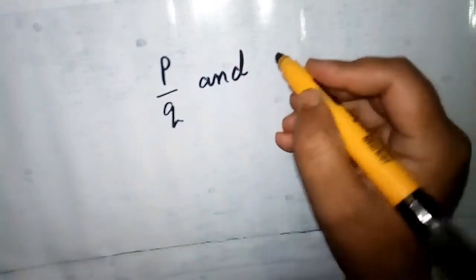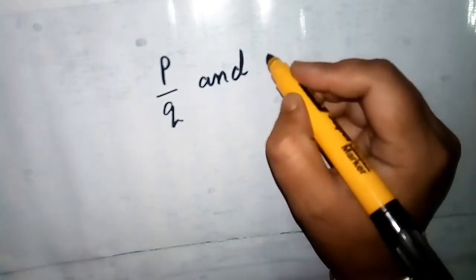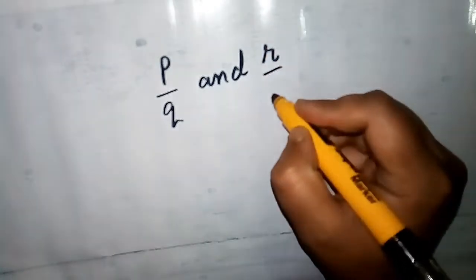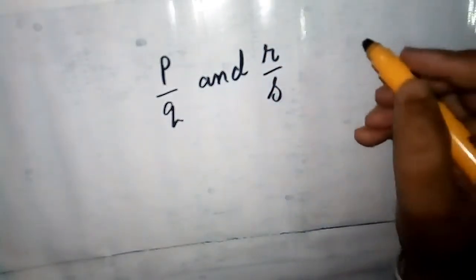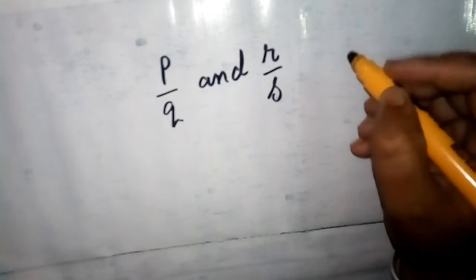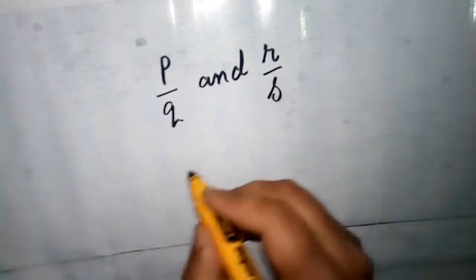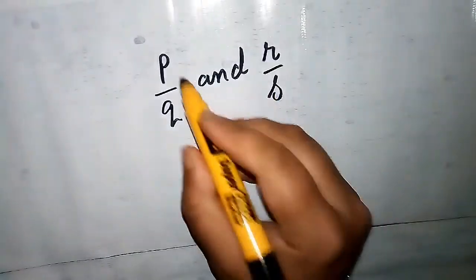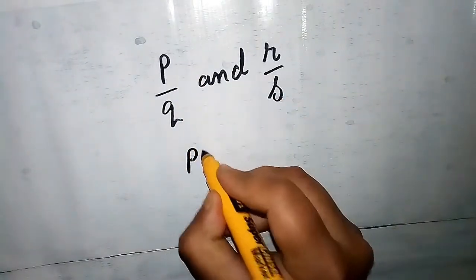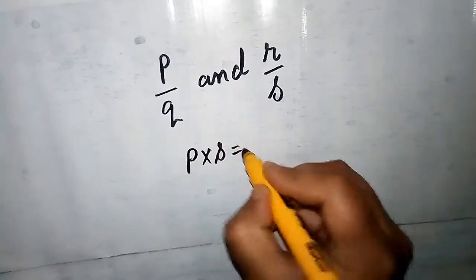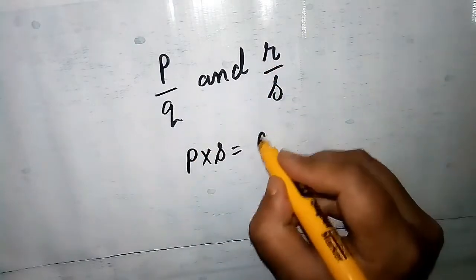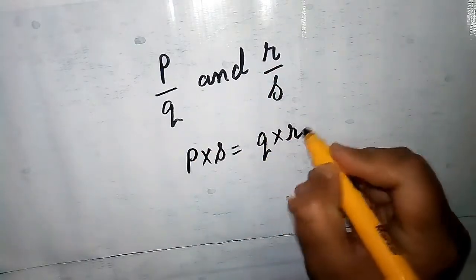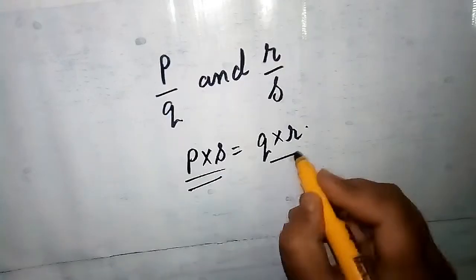The property was, if p upon q and r upon s are two rational numbers, they will be equivalent if their cross multiplication, p multiplied by s, will be equal to q multiplied by r. Let us see with the help of one example.